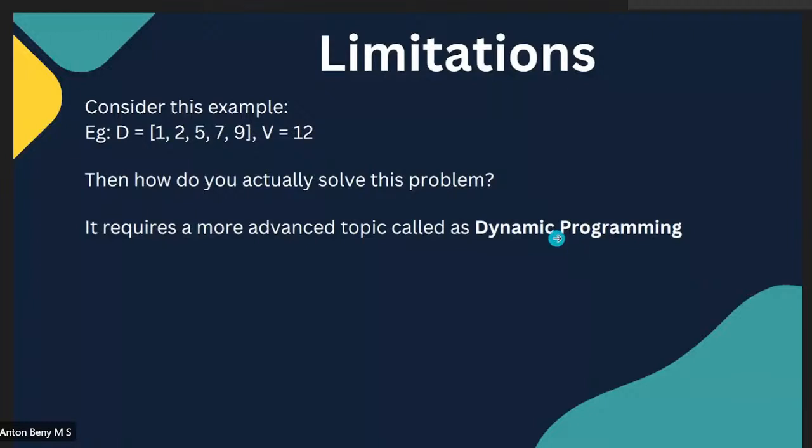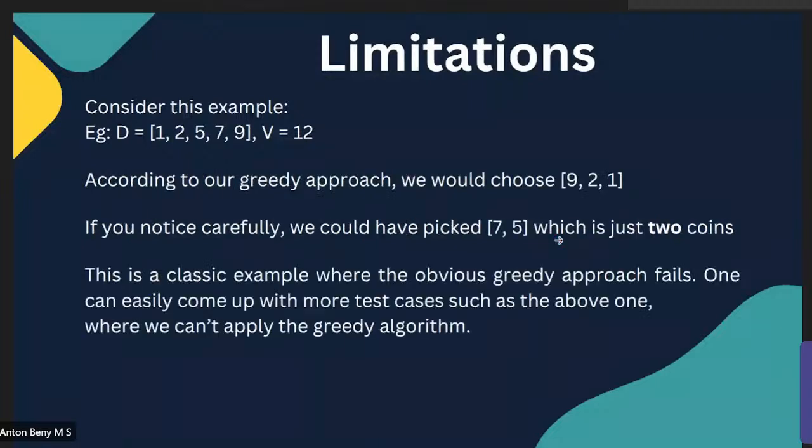Okay, I'll repeat this once more. Look at this. You need a value of 12, and you have infinitely many coins of 1, 2, 5, 7, and 9. And the greedy approach we discussed was we'll greedily choose the highest value coin that we can take.